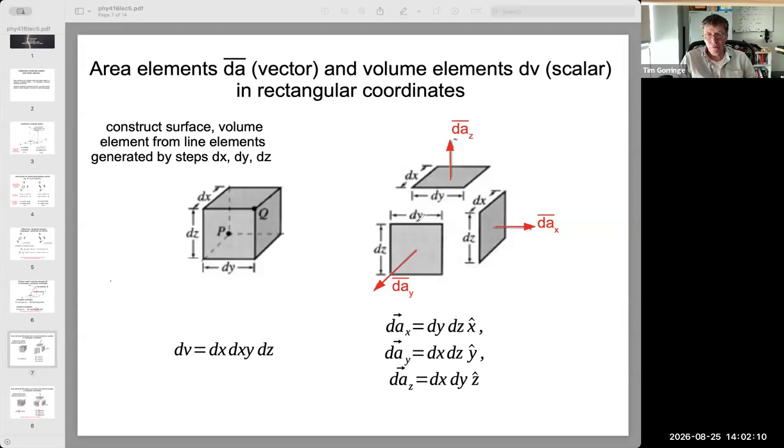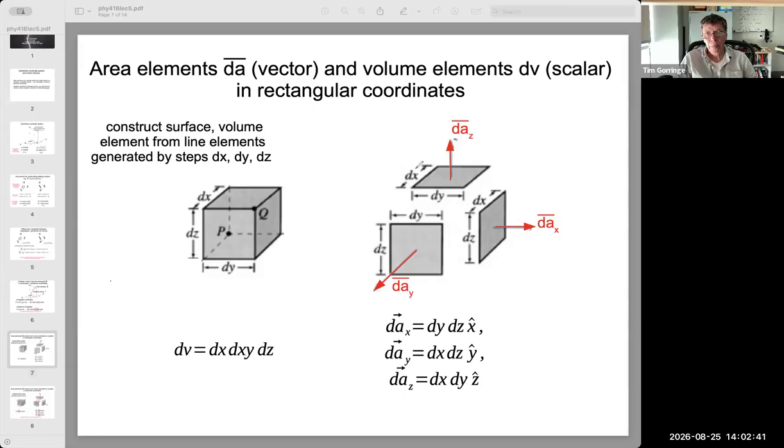The planes are at right angles to the x, y, and z directions. The vectors that represent them are in the x direction, the y direction, and the z direction. These are the planes here, and these areas are swept out by these little steps, dx, dy, and dz.